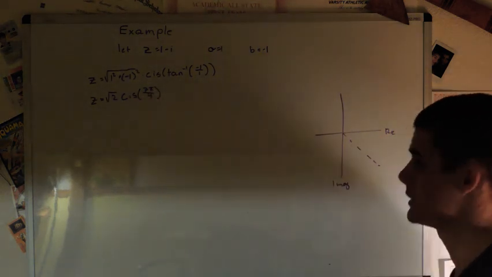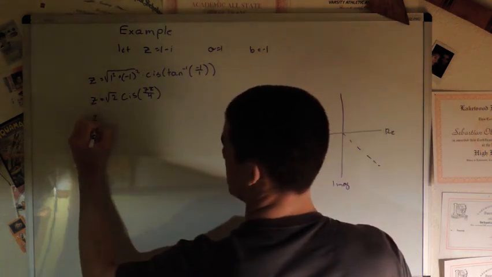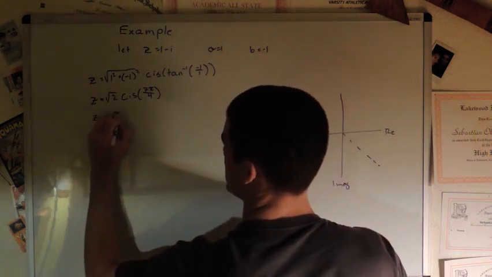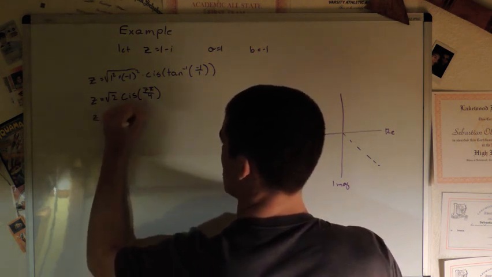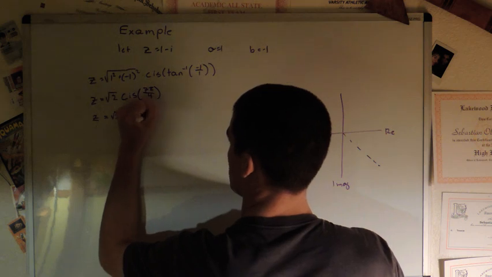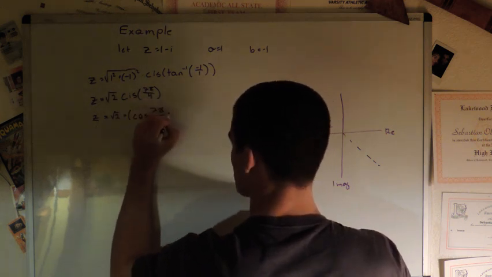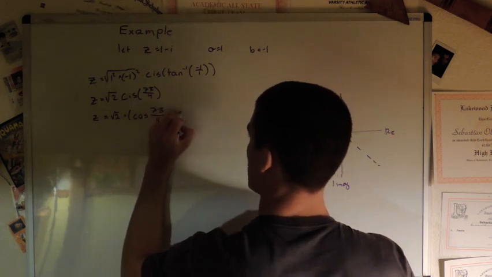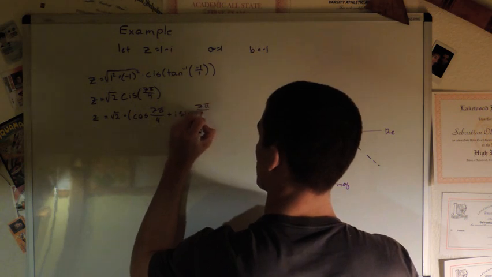And if we want to verify we did this correctly, z is going to equal the square root of 2 times the cosine of 7 pi over 4 plus i sine 7 pi over 4.